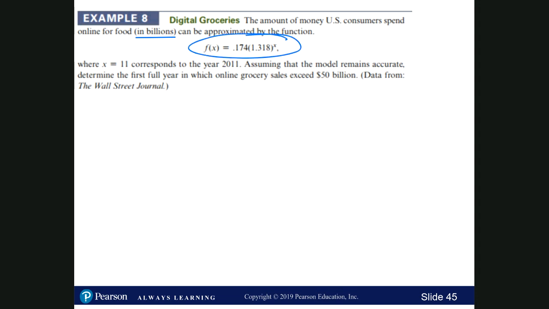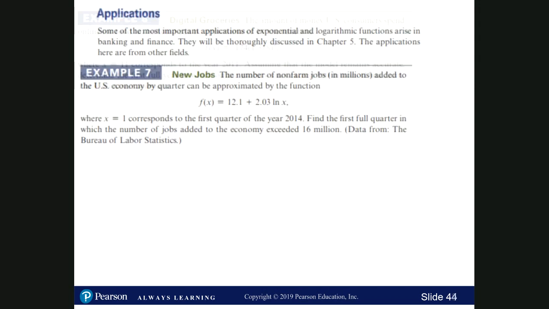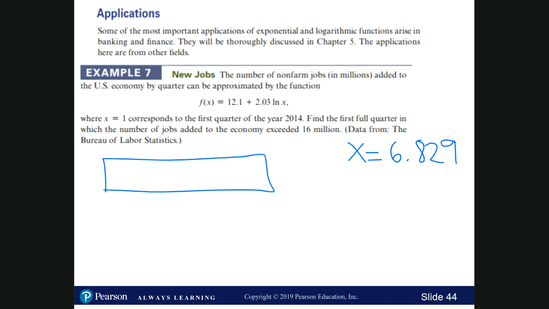where x equals 11. Oh, actually, I do need to go back to this problem. Sorry, because that was not the answer. I believe we got something like x equals 6.829. And so we had established how the first quarter of the year 2014 was x equals 1.